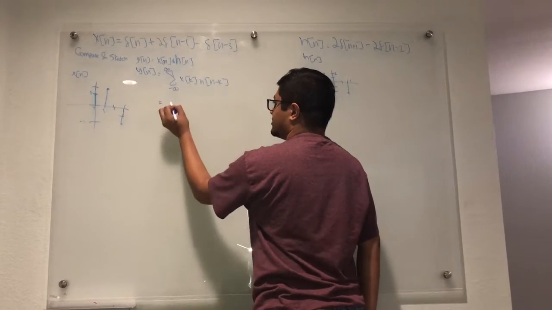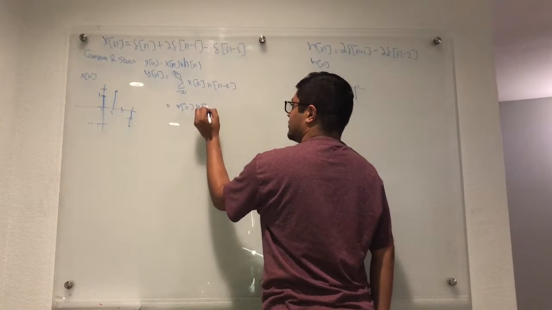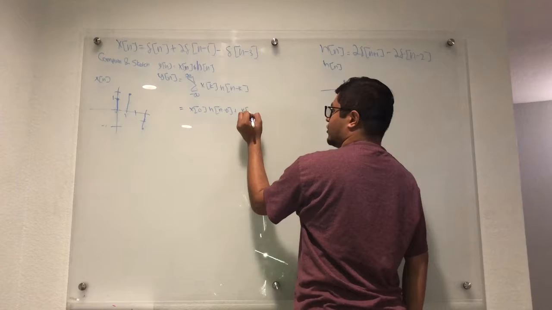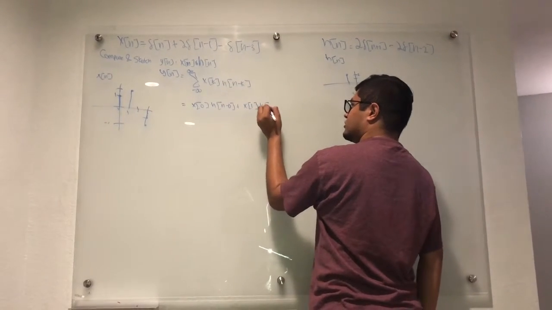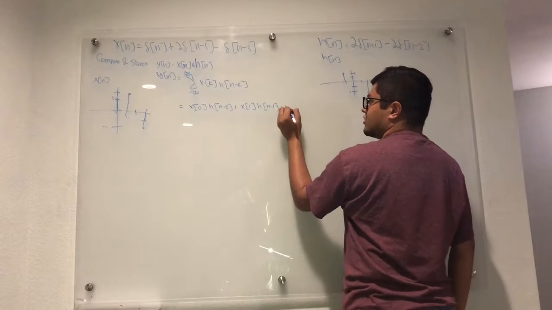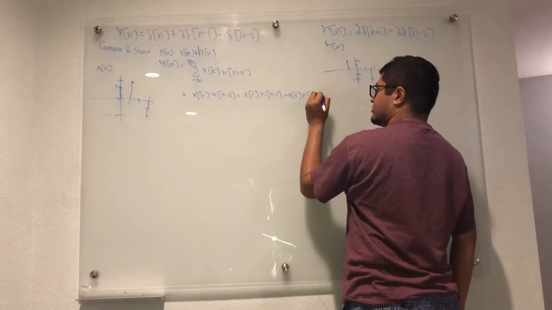So we can write this as x of 0 times h of n minus 0, plus x of 1 times h of n minus 1, plus x of 3 times h of n minus 3.